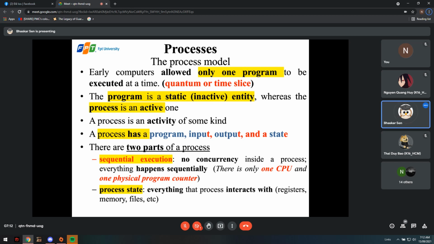In fact, in early computers, we didn't have multi-programming. Since we didn't have multi-programming, things were kept pretty simple. These were mostly batch processing systems, where one program at a time was getting executed on RAM.